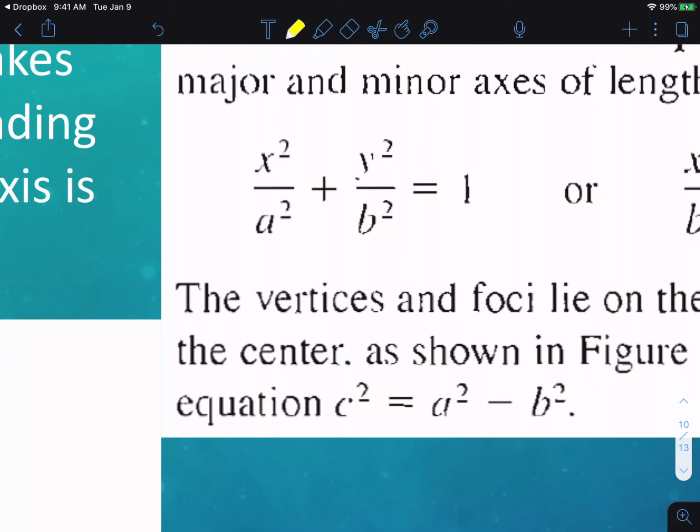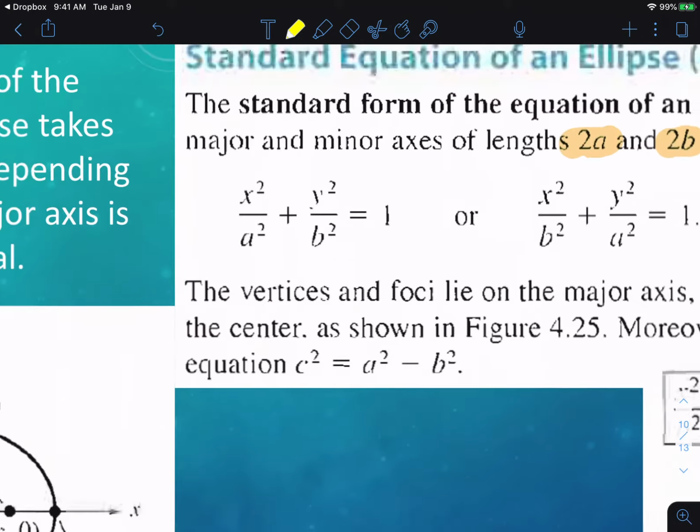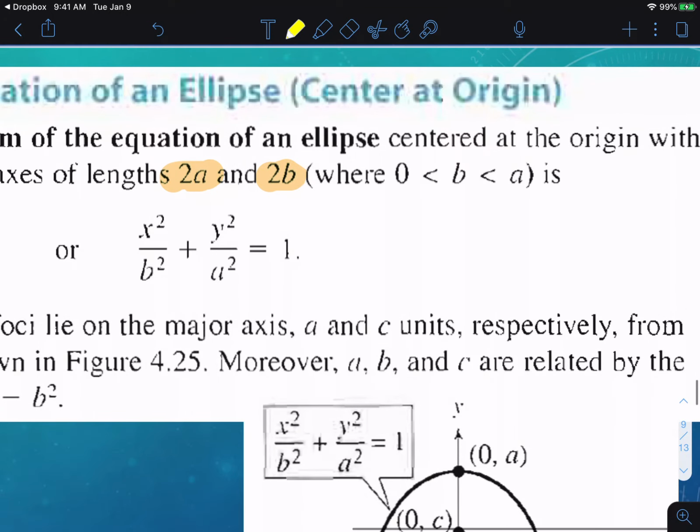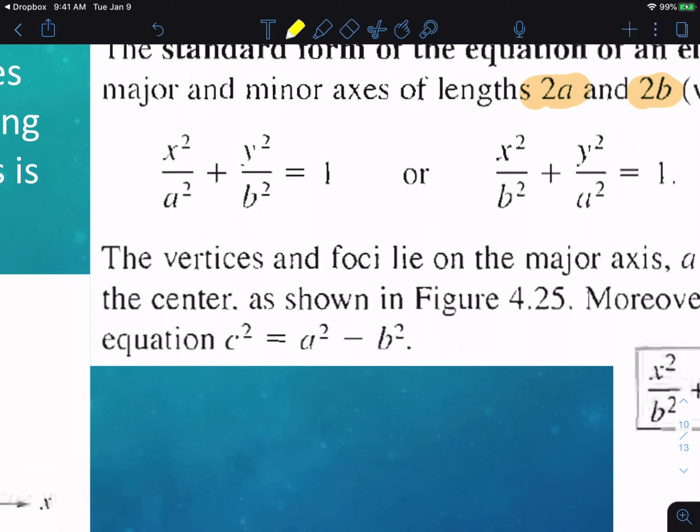Here on the left we have x squared over a squared and y squared over b squared. Now here's something that's really important too. In talking about an ellipse, a is always going to be larger than b, and b is always going to be greater than 0. So keep that in mind. So when we have x squared over the larger number a squared plus y squared over b squared, and that equals 1, that is the standard form for the equation of an ellipse that is wider than it is tall.